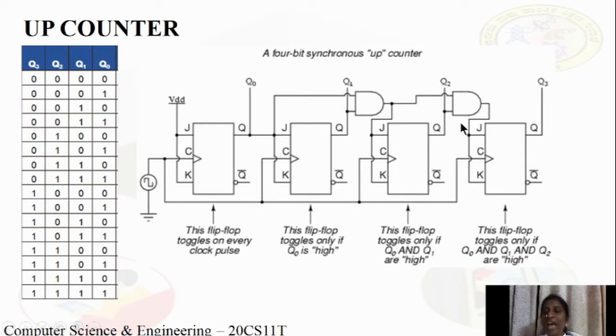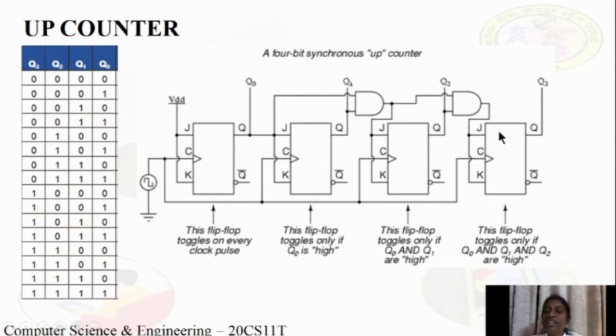For this AND gate, we have taken the inputs from the Q0 and Q1. Already the Q0 and the Q1 are connected to this AND gate, we will get the output from here that is connected as first input to the second AND gate. Next input or the second input for the second AND gate is from the third flip-flop.